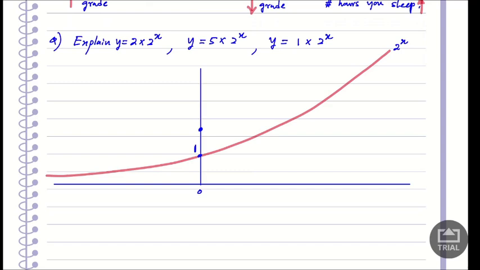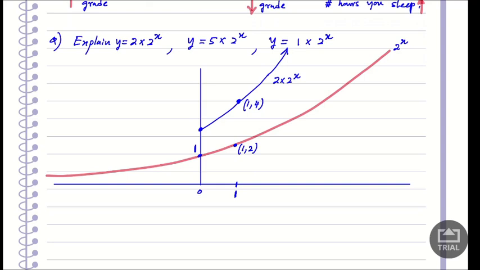When x is equal to 1, the coordinate is going to be 2, that is 1 comma 2, so for the other one it should be 4. So it should be here and go like this. This is going to be 1 comma 4, and this is nothing but 2 times 2 to the power x we are discussing.